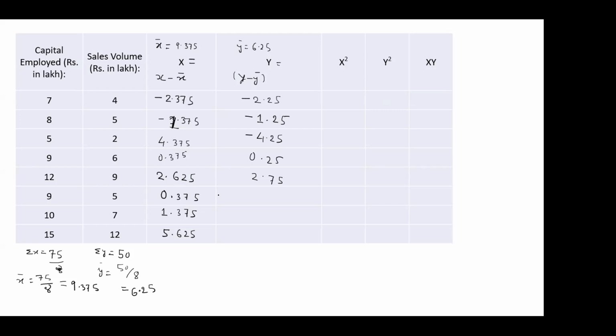Next, 5 minus the mean value, so minus 1.25. 7 minus 6.25 is 0.75. Next, 12 minus 6.25 is going to be 5.75.